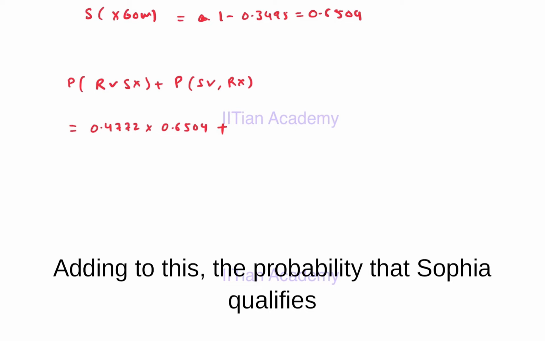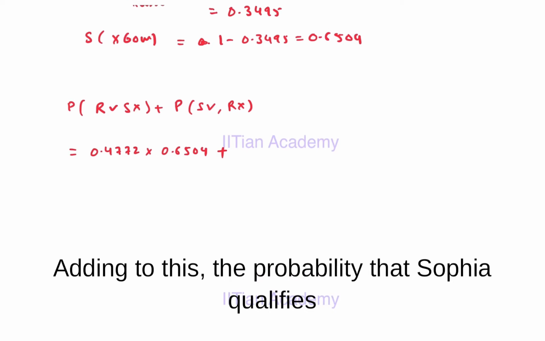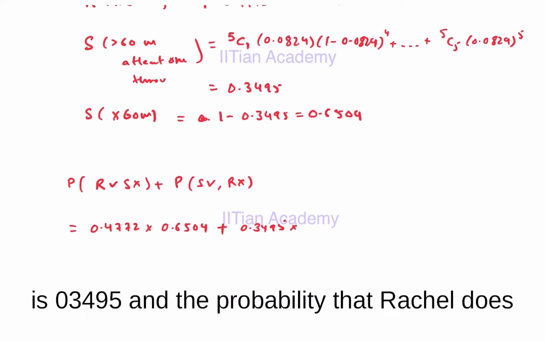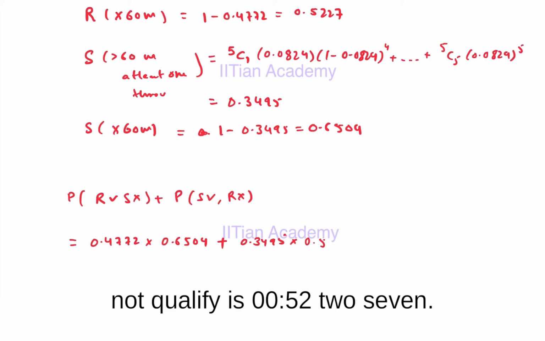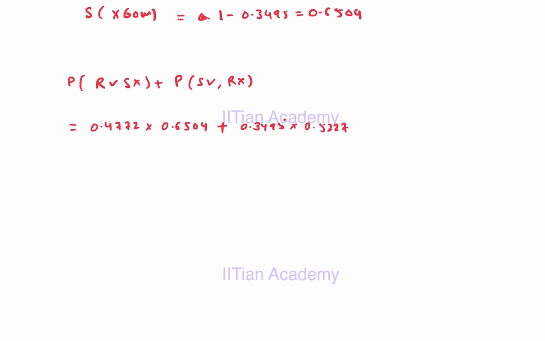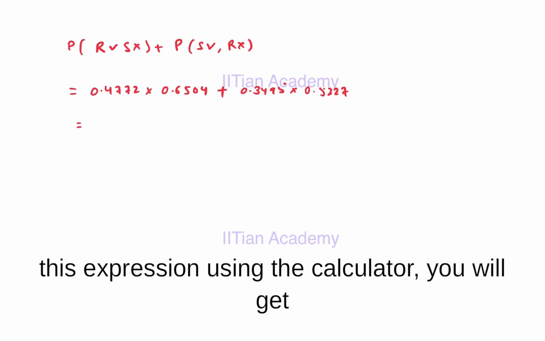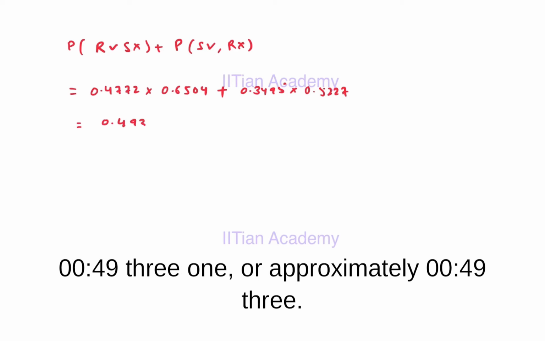Adding to this, the probability that Sophia qualifies is 0.3495, and the probability that Rachel does not qualify is 0.5227. So you can simplify this expression using the calculator, you will get 0.4931, or approximately 0.493.